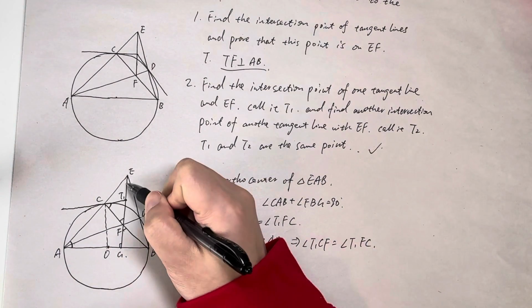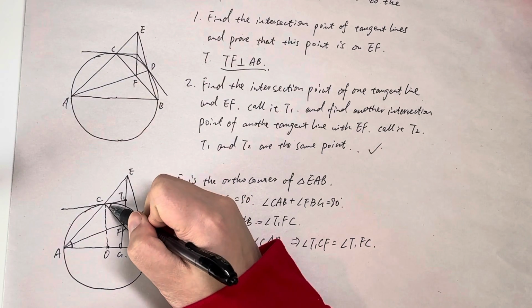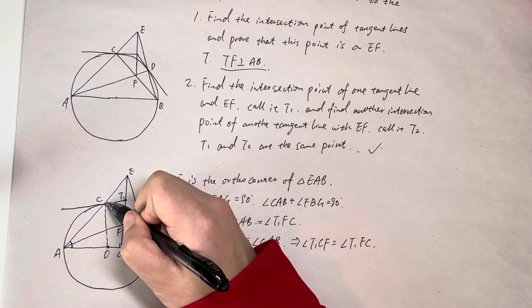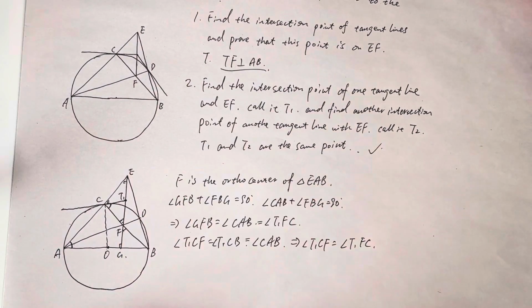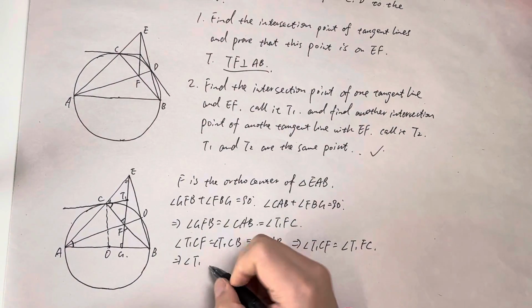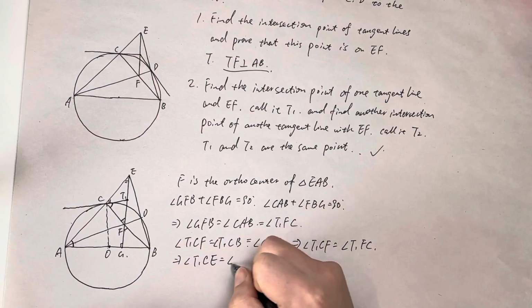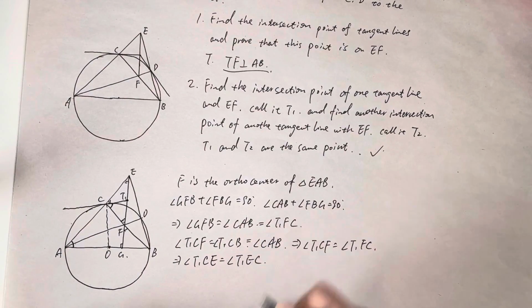So the sum of these two is 90 degrees. The sum of these two is 90 degrees. And we already know these two are equal. That means these two are equal. So we got angle T1CE equals angle T1EC, right?